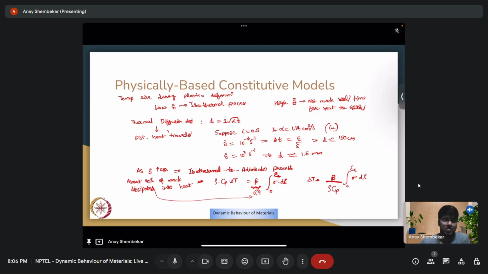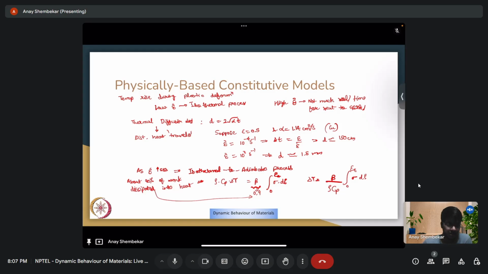So what we mean in this temperature rise section is that for low strain rate, you can imagine that there is sufficient time and space for any heat that is generated to be spread out throughout the material so that the material reaches equilibrium with its surrounding temperatures.